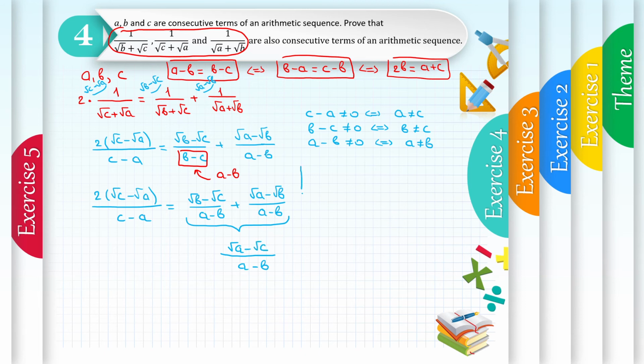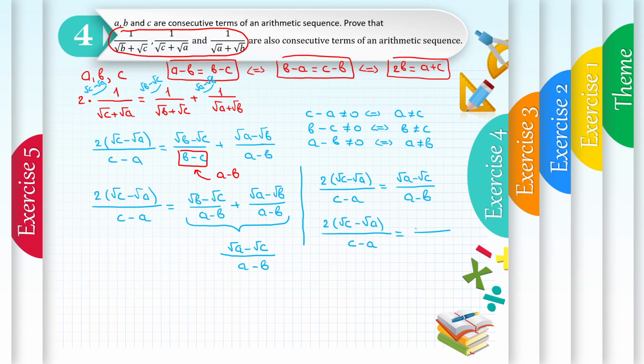So we have to prove that 2 times the square root of c minus the square root of a over c minus a is equal to the square root of a minus the square root of c over a minus b. Because on the left hand we have the square root of c minus the square root of a, and on the right hand we have the square root of a minus the square root of c, we will write it in the form 2 times the square root of c minus the square root of a over c minus a.